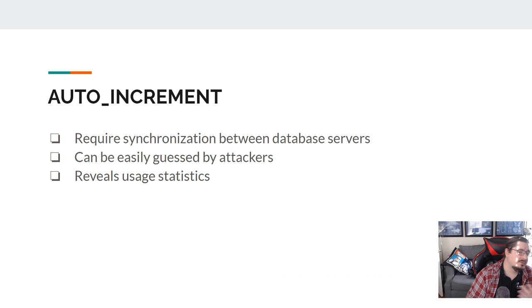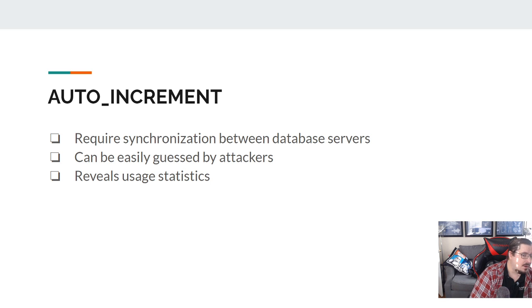So let's talk about some of those things in relational databases that we run into that, as it turns out, are actually problems. One of them is auto increment. I mentioned this earlier. Remember, Paul? We kind of brought this up when we were looking at the example. Part of the problem with auto increment is that it requires synchronization between your database servers.